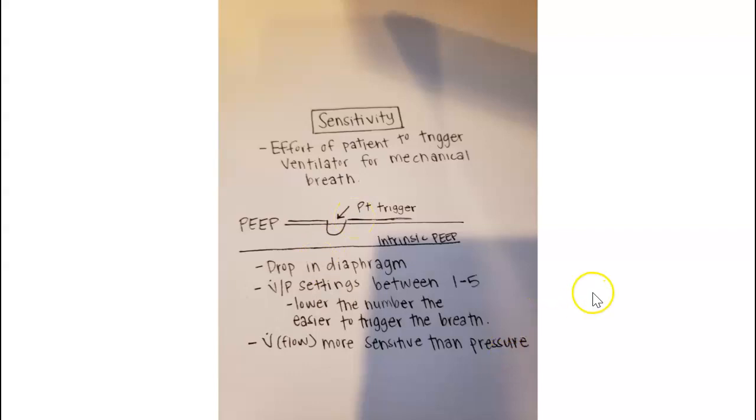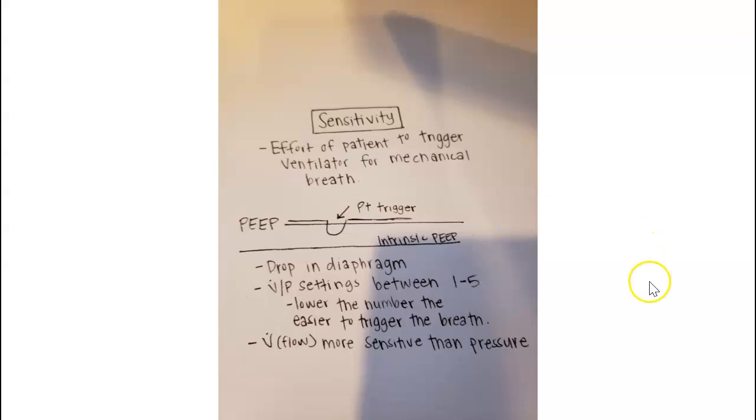The lower the number, the more sensitive. So if I have a weak little itty bitty grandma that had a little procedure and she's just having a hard time triggering the ventilator, I'd go more in the 1-2 range. But if I had a big giant D1 football player showing my vent who's boss, I might go more in the 3, 4, 5 range because they have a bigger diaphragm and are a lot stronger.